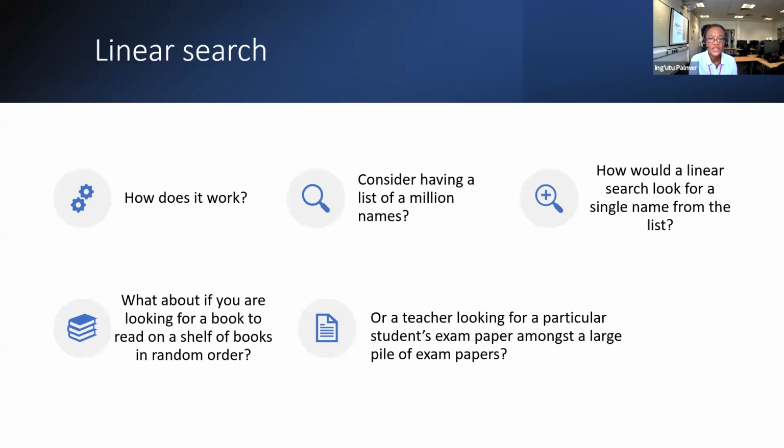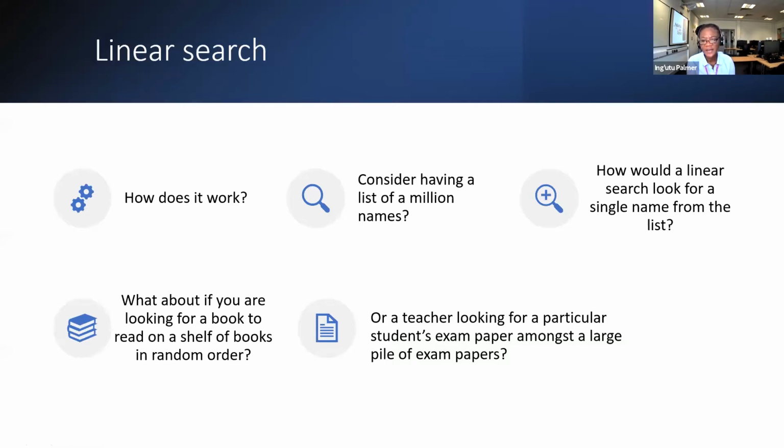So the linear search, how does it work? What if you have 1 million names in a list? How would a linear search look for a single item from that list? And what if you were looking for a book to read on a shelf of books in random order? So these books haven't even been ordered in a certain way, and you're trying to look for a particular book.